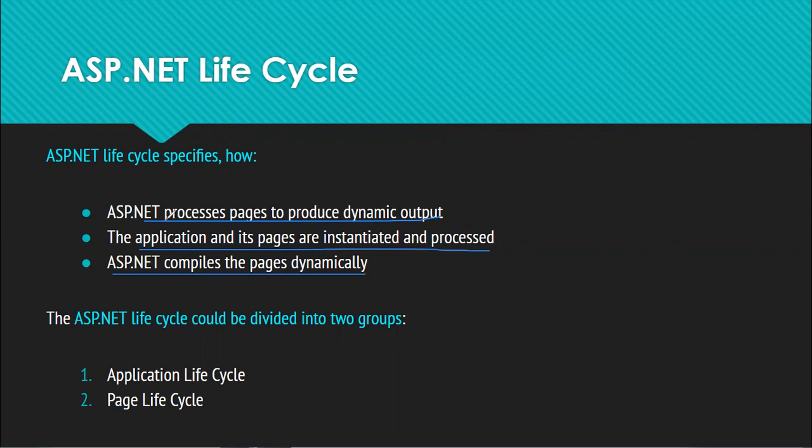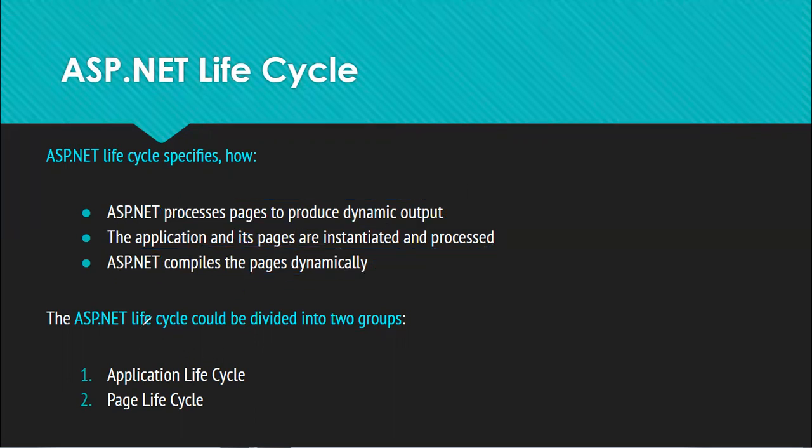So very first is to process the pages to produce dynamic output. Second is these pages are instantiated and processed. And third is these pages are compiled and produce output dynamically. The ASP.NET lifecycle can be divided into two groups. Very first is the application lifecycle and second is the page lifecycle.